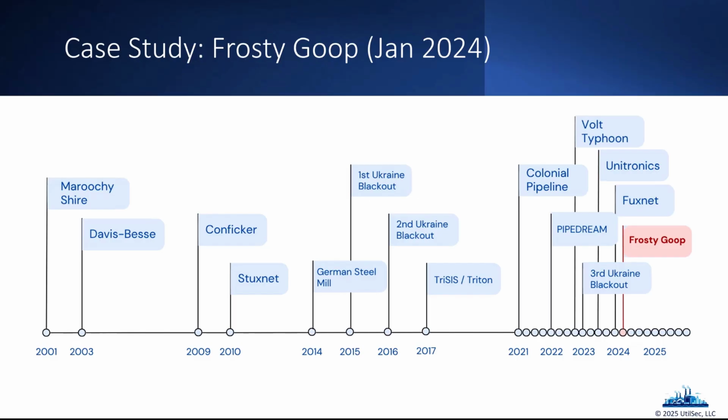As horrible as the impact was to the different people that it affected, it's this lesson that, again, attacks in OT don't have to be sophisticated. We don't have to spend millions of dollars or 6 to 12 or 18 months to develop some type of customized piece of ICS malware to impact the environment.